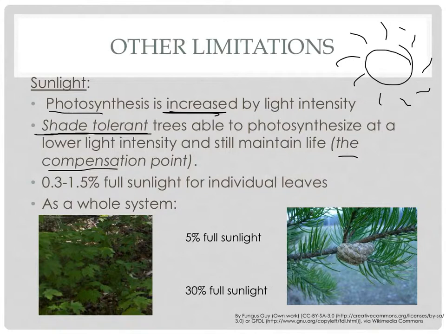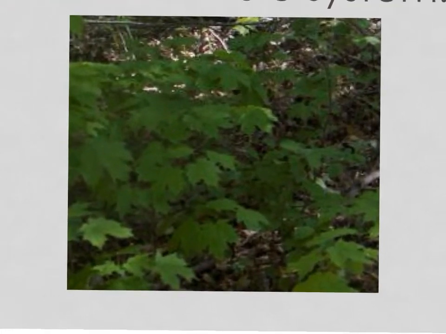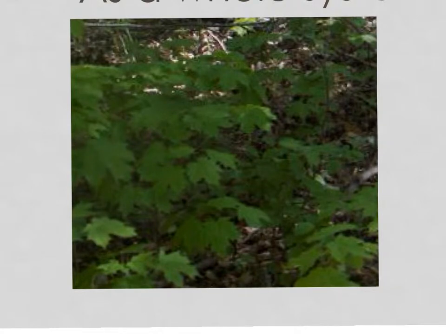Okay, so down in this example, we have some sugar maple, and you'll notice that there is some speckles of light coming through, just little bits. Okay, so this forest site is only getting so much sunlight during the day, or good light intensity, because it's obviously shaded from the overstory.